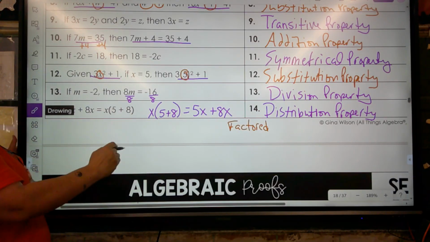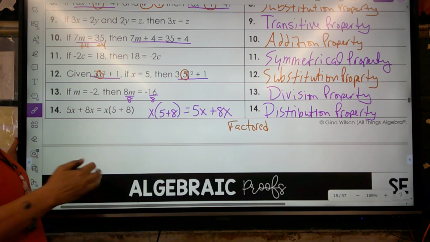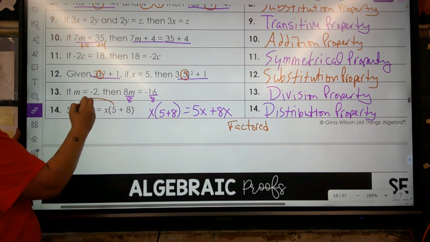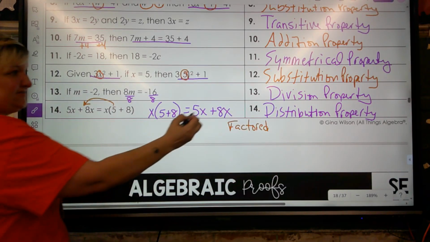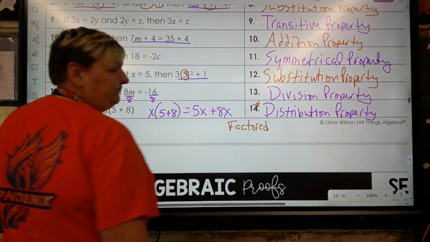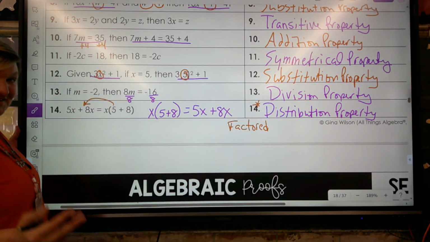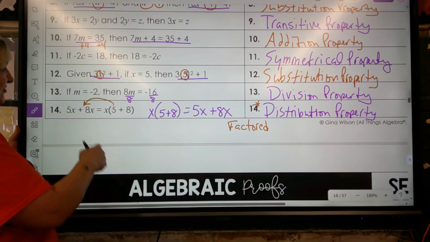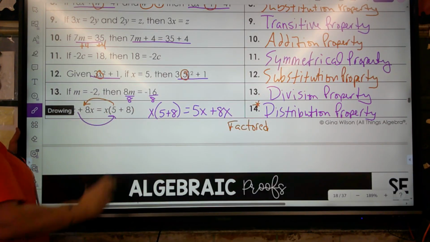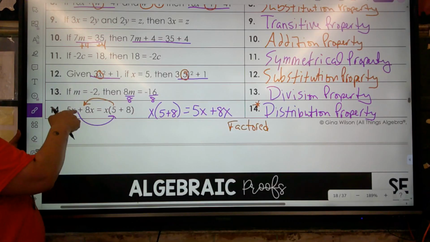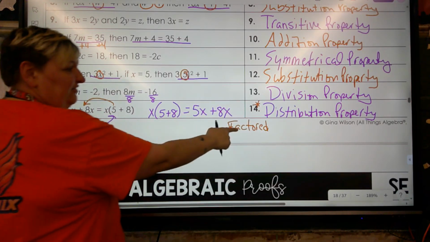In my opinion, they flipped it around to test whether or not you could go from here to here, recognize that it's backwards, which means this is the answer. But because they flipped it around, they confused the issue, and they kind of make you wonder, are they asking about from here to here? Because if they are asking about how do you get from here to here, then we factored.